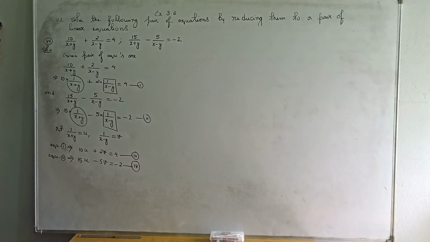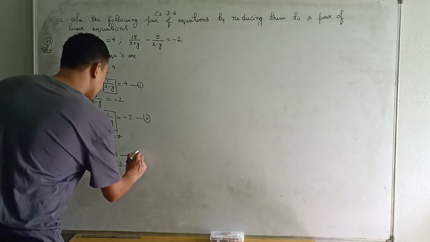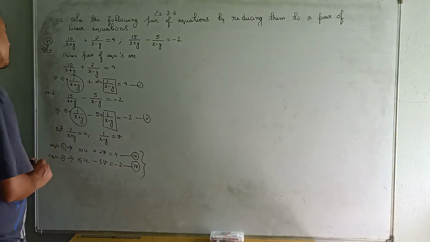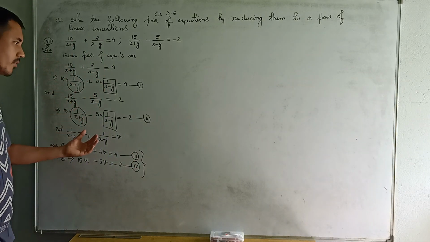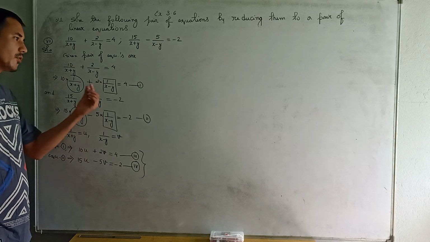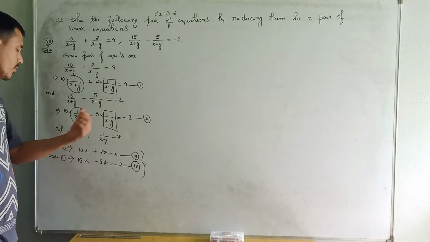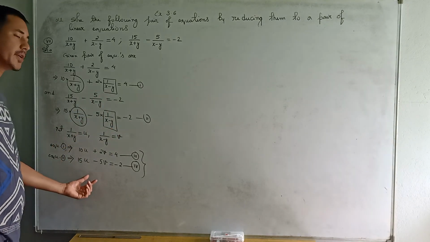So let's try by substitution. In order to solve equations 3 and 4 by substitution, I'm going to take equation 3 and find u. That u can be substituted in the other equation 4.